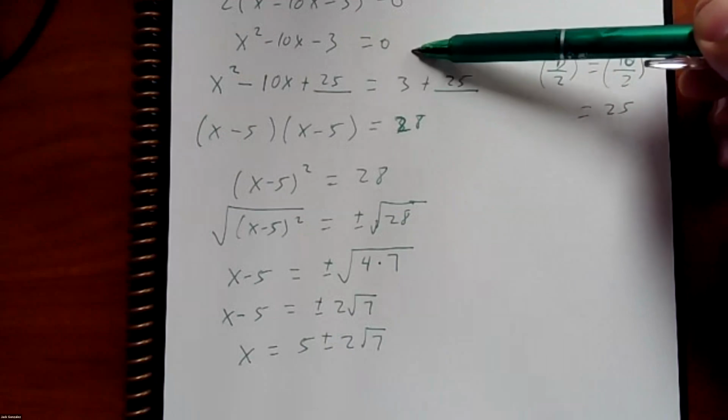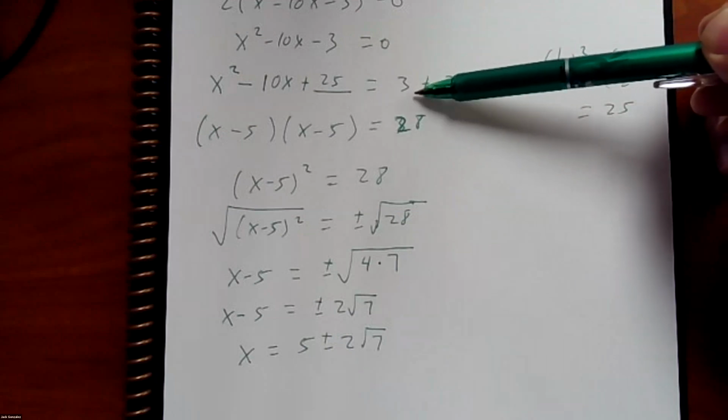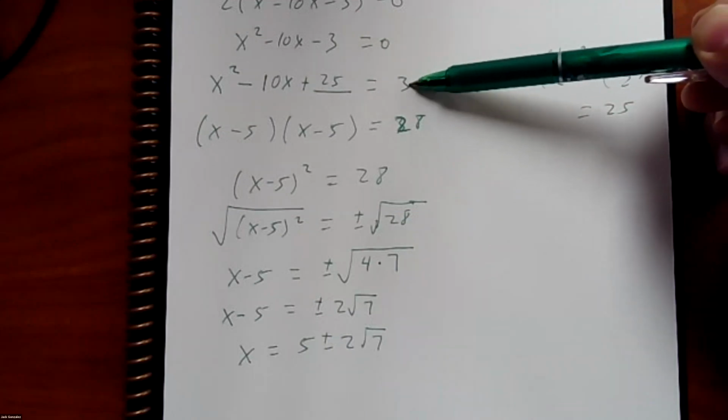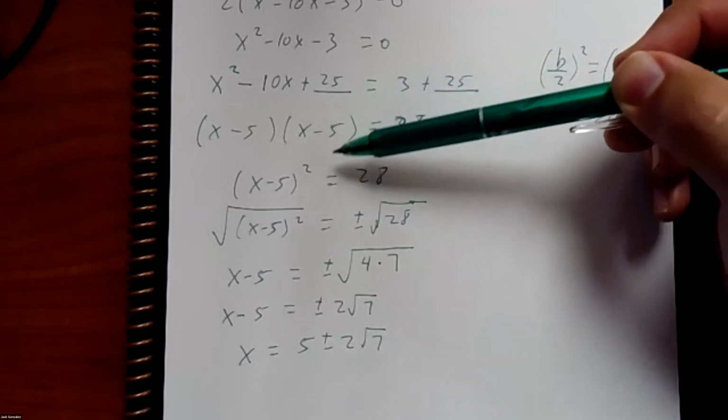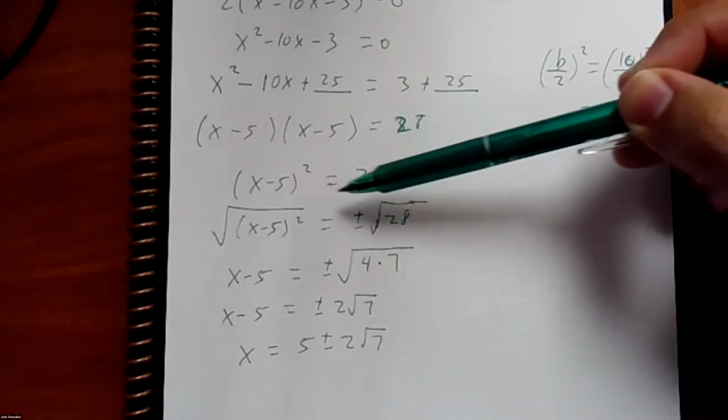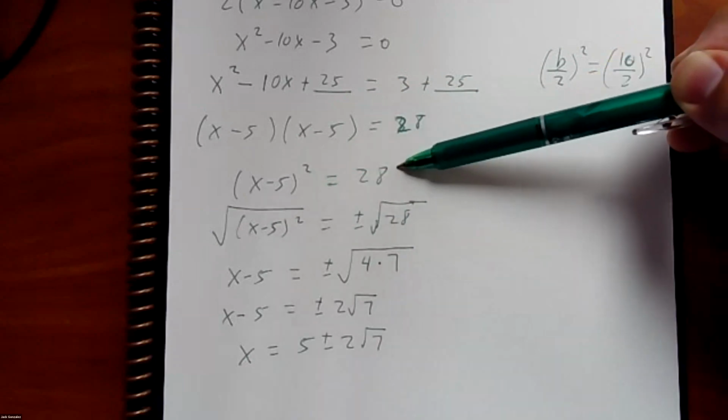And I added the 3 over just because it was going to happen regardless. So 3 plus 25 gives me the 28. This is a completed square, so it factored. And then I square rooted both sides, but it's already a 28 here.